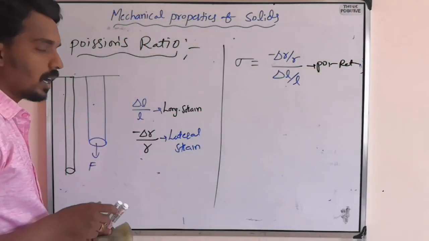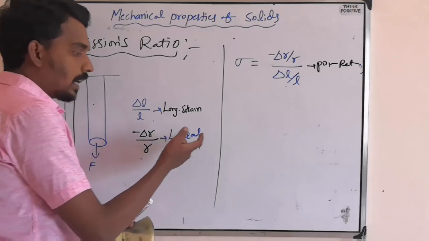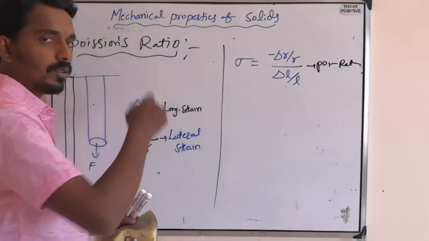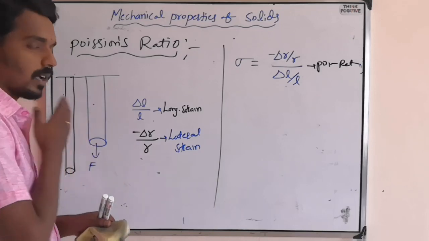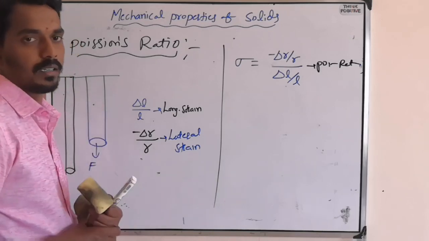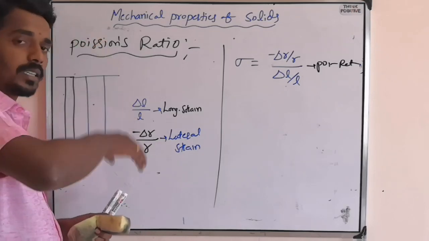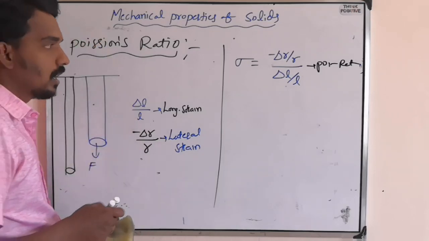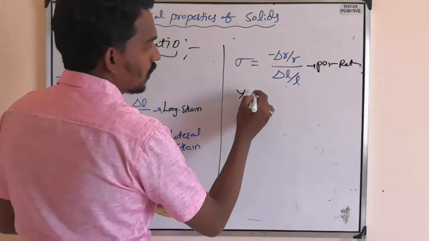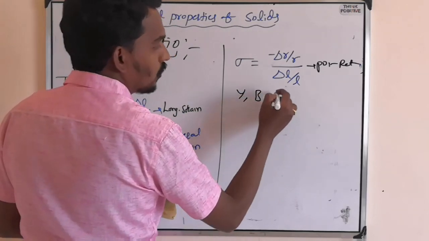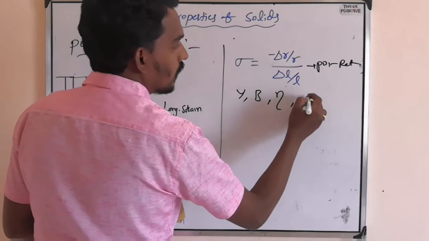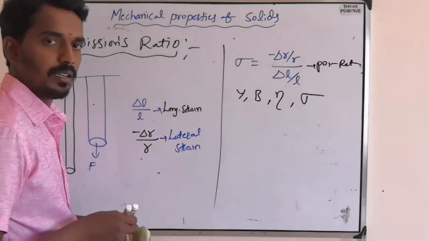Poisson's ratio is nothing but the ratio of lateral strain to longitudinal strain in case of stretching of a wire. In such a case, you can derive Y, you can derive B, you can derive neta, and you can define sigma.